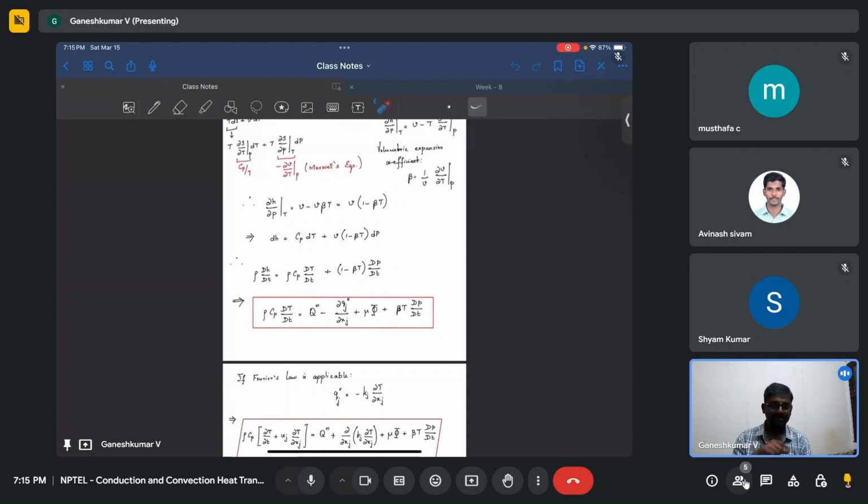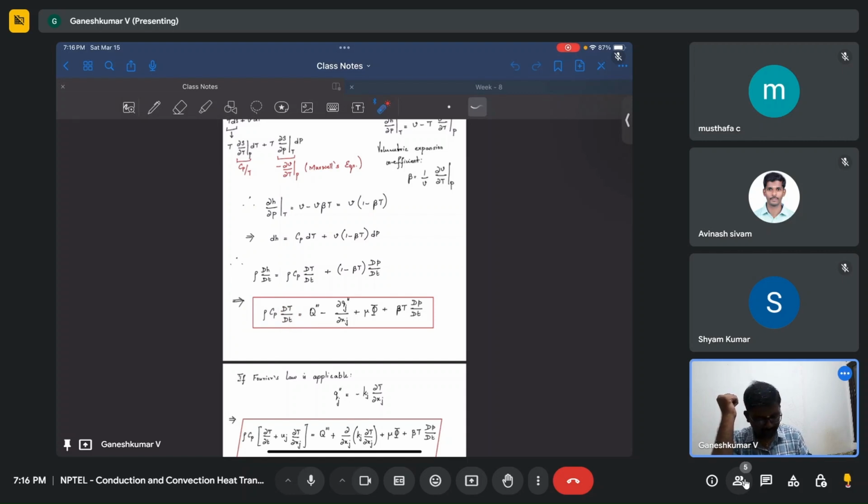Basically we actually derived this during conduction itself, but in conduction what we assumed is that there is no velocity, there is no flow. Here you would certainly have flow in it. This capital D by dt is the total derivative.